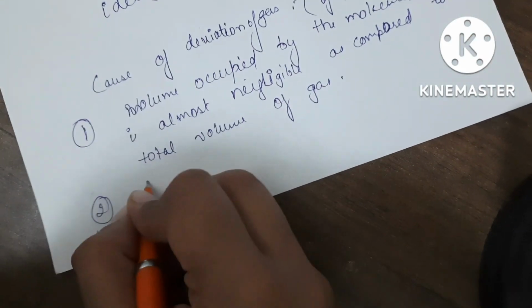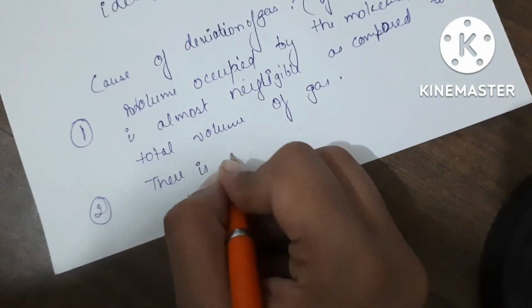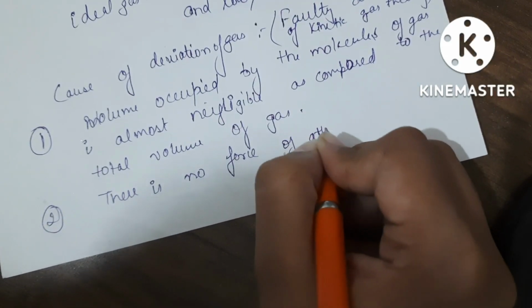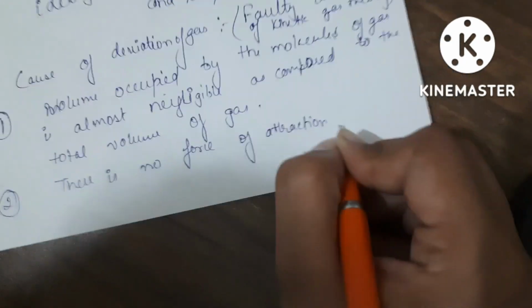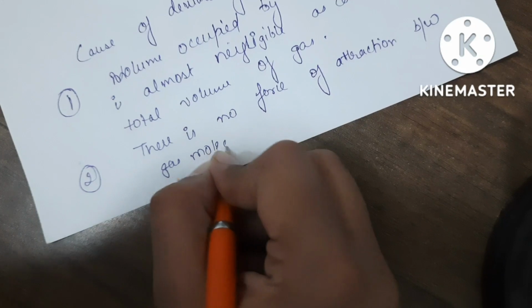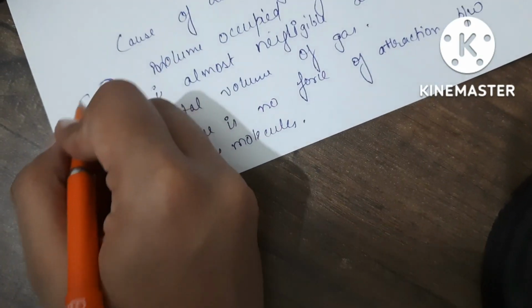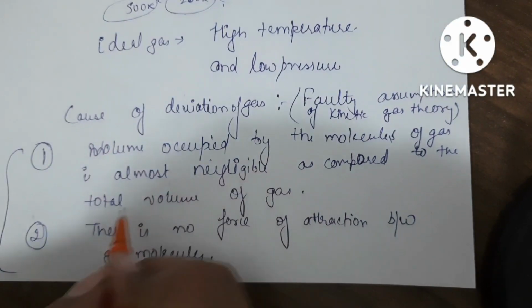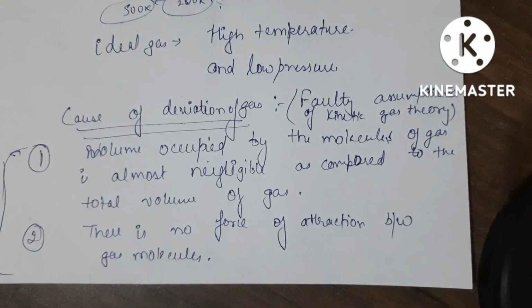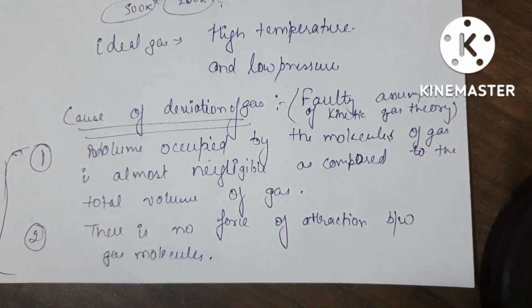And second, there is no force of attraction between the gas molecules. But this is not true. These two points are not true, and because of these two points there is deviation of gas from ideal behavior.